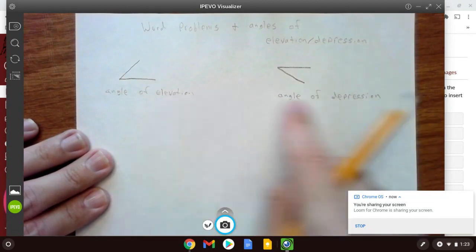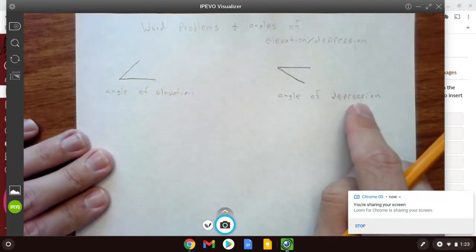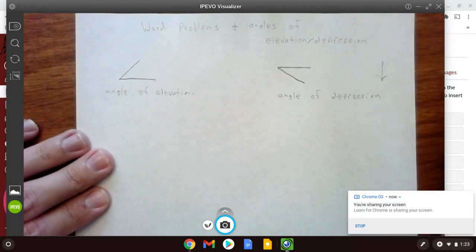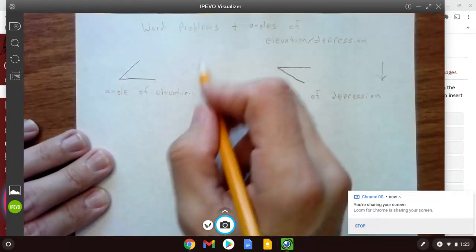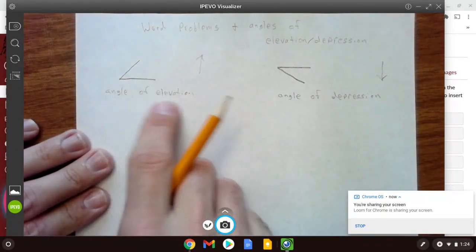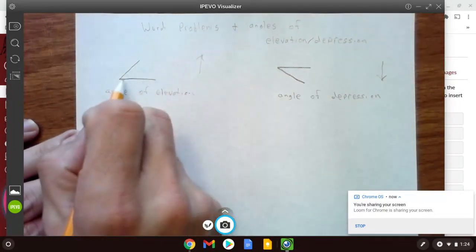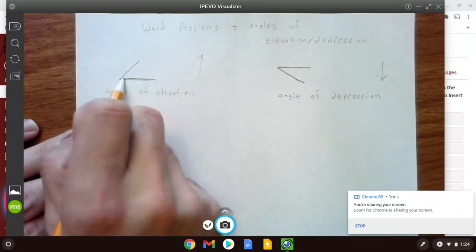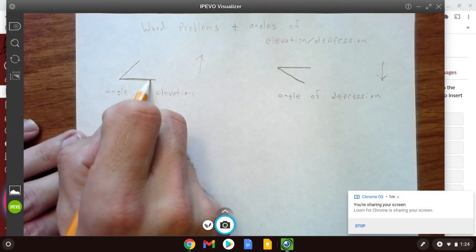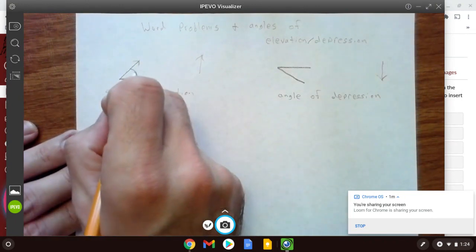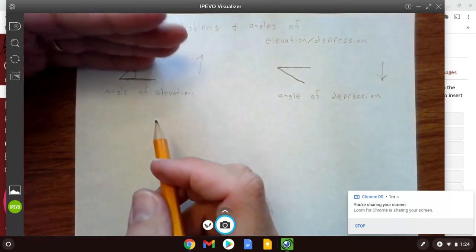I think we all agree that depression makes your mind think more of a downward position, whereas elevation makes you think upwards. An angle of elevation is the measure of an angle that's always from horizontal, pointed upwards.